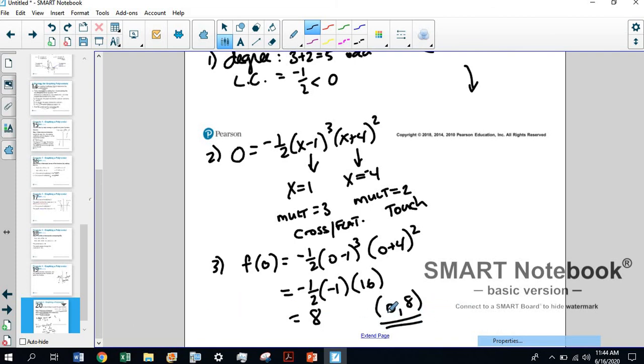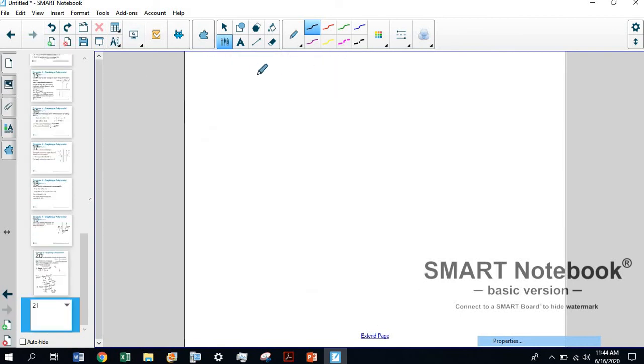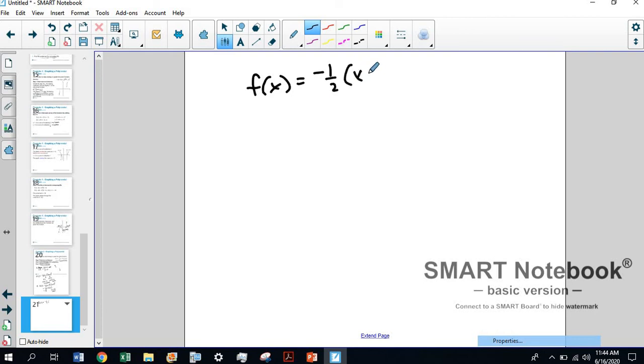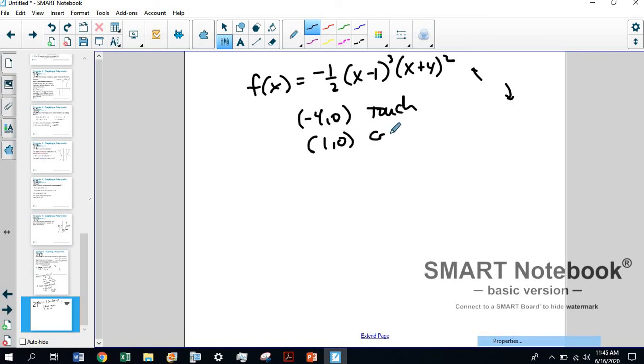Okay, so let's add a page here and write out a summary. Our function that we're graphing, negative 1/2 times x minus 1 cubed times x plus 4 squared, has end behavior that goes up to the left, down to the right, has intercepts of negative 4, 0 where we touch, and positive 1, 0 where we cross but we go flat a little bit, and then of course a y-intercept of 0, 8.